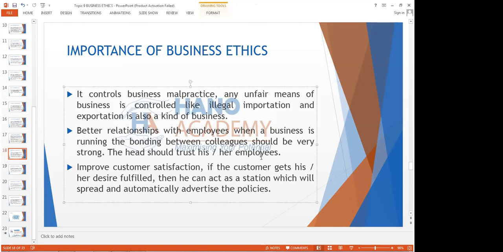If the customer gets his or her desire fulfilled, then he or she can act as a station which will spread and automatically advertise the policies. So customer satisfaction is very important, and you need to improve customer satisfaction by all means.